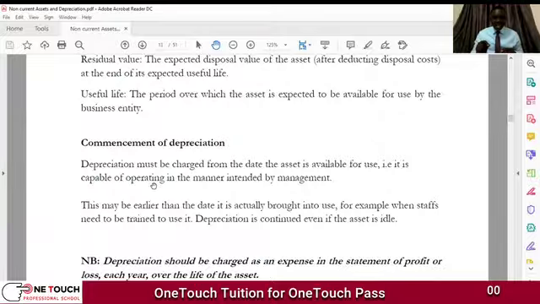This may be earlier than the date it is actually brought into use. For example, when staff need to be trained to use it, depreciation is continued even if the asset is idle. So as soon as the asset is available for use, depreciation should start.